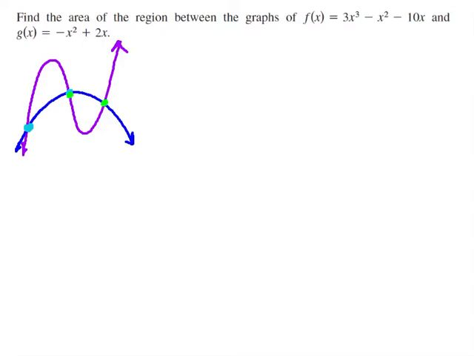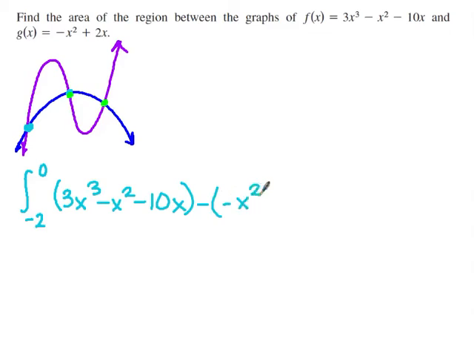So, do we already have the limits for the first one here in the light blue? You said -2 and 0? Did you check those? Yeah, I understand. Okay, so basically then I end up having the integral of 3x cubed minus x squared minus 10x minus -x squared plus 2x dx.